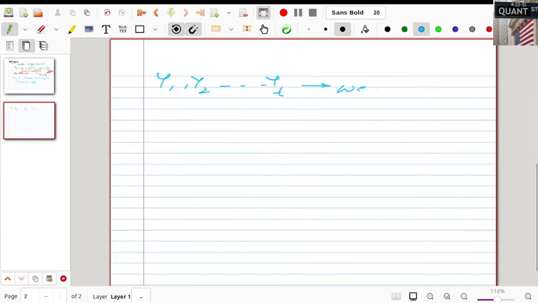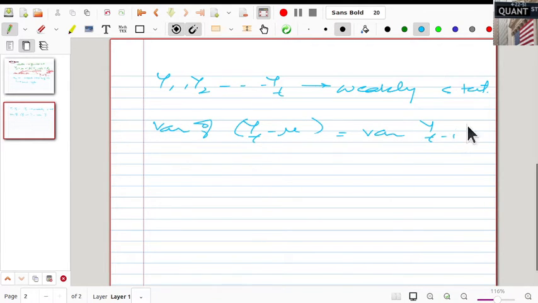If this process is weakly stationary, which we've already defined in our previous episode of this tutorial series, you can take a look at that, then the variance of yt minus mu equals the variance of yt minus 1 minus mu, and that's understood because it's weakly stationary, so variance is constant.